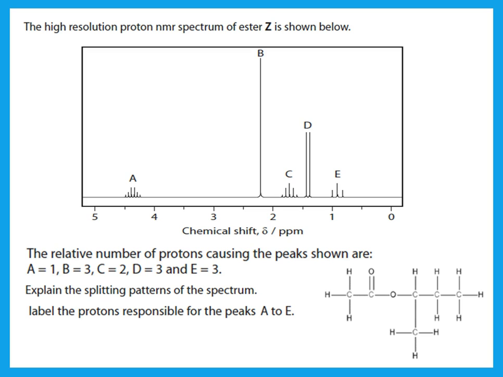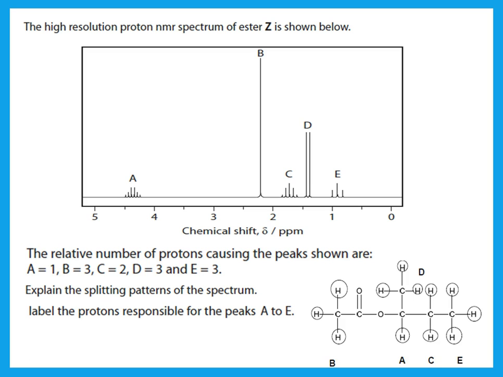We have peaks for CH3, CH3, CH, CH2, CH3. If you look at the different chemical shifts, the one for the CH3 on the left is the singlet at B, because there is nothing on the next carbon next to it. So this is the one that's a singlet.